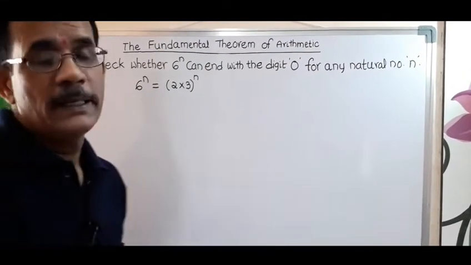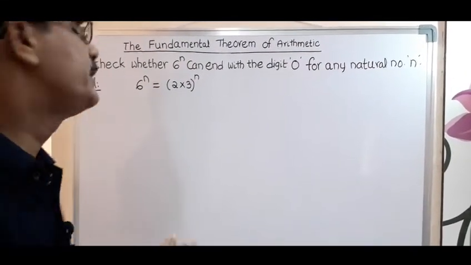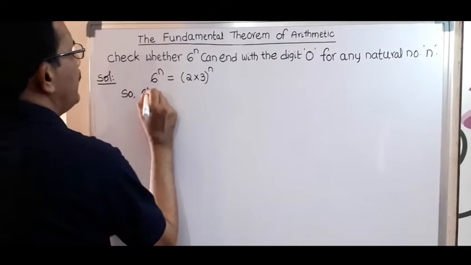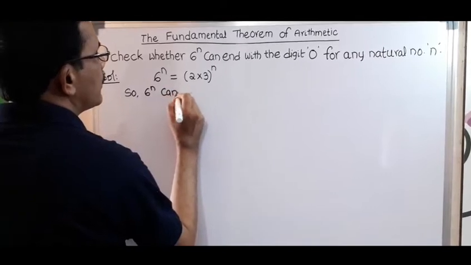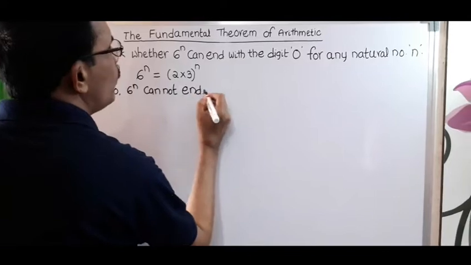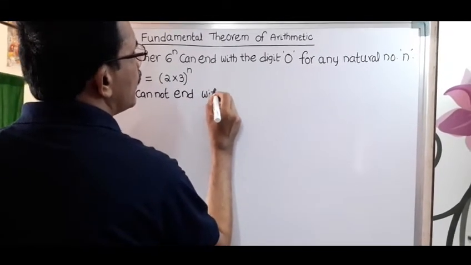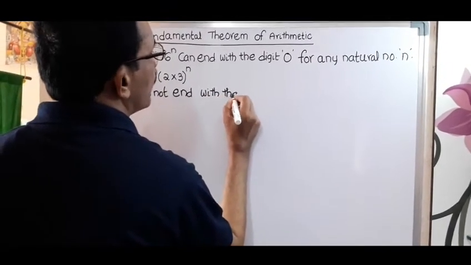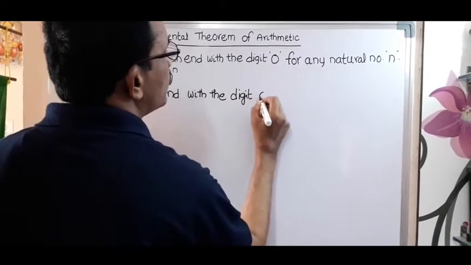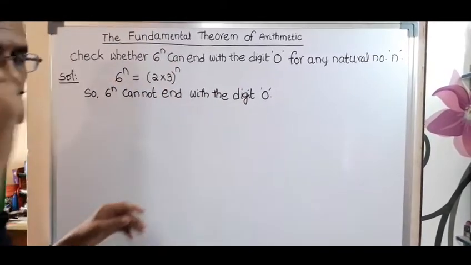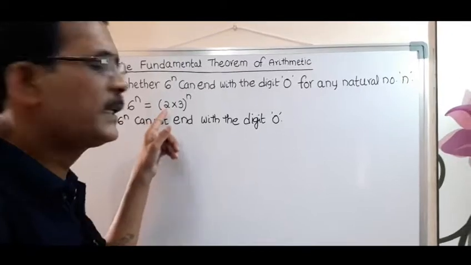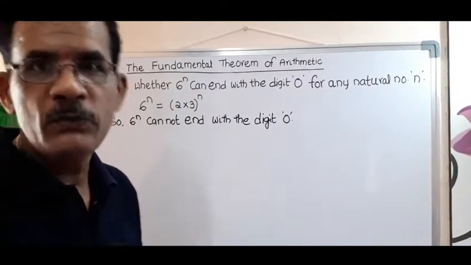6 power n cannot end with the digit 0. If a number ends with the digit 0, in its prime factorization there should be 2 and 5.